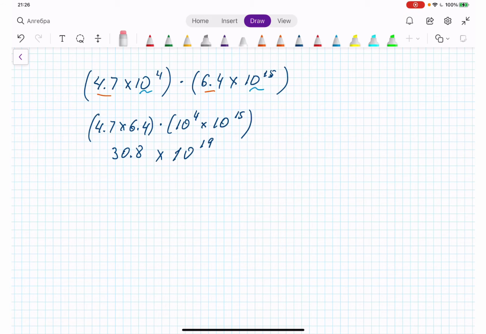So at this point I'm going to move the decimal by one position. It's going to be 3.008. Since I reduced here by one position, here I will increase the exponent by one. Only in this case is it scientific notation. Next question.